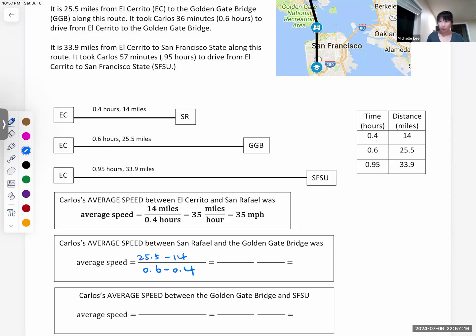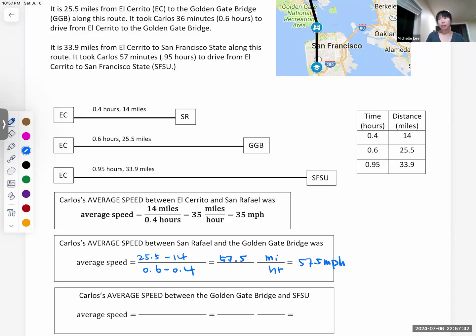Okay, so if we calculate, we have 57.5 miles per hour, right? So 57.5 miles per hour. Okay.